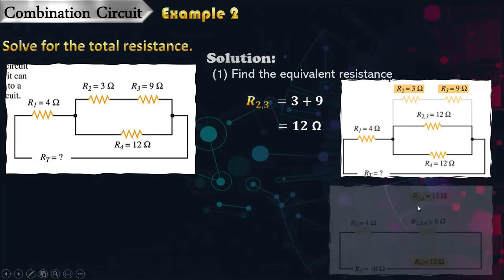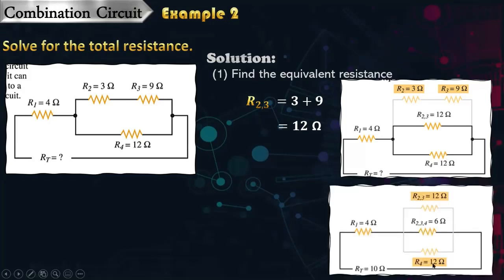So, here is the new illustration: R23 and R4, we find the equivalent resistance so that it becomes series with R1. So, the formula, remember, if it's parallel and they have the same value, simply divide. The numerator would be the value, and divide it by the number of resistors with the same value, which is 2, so that is 2.